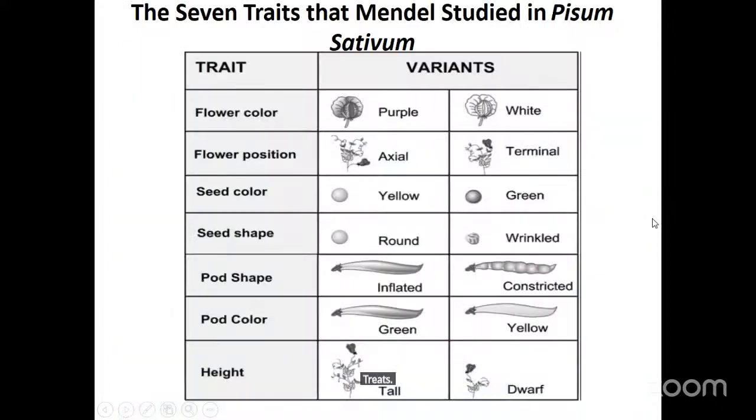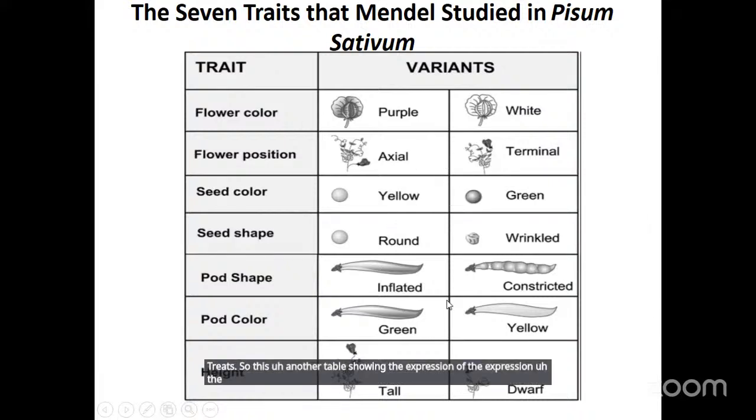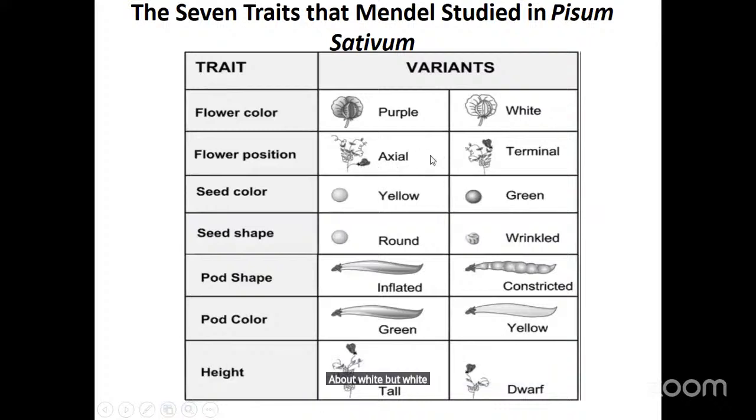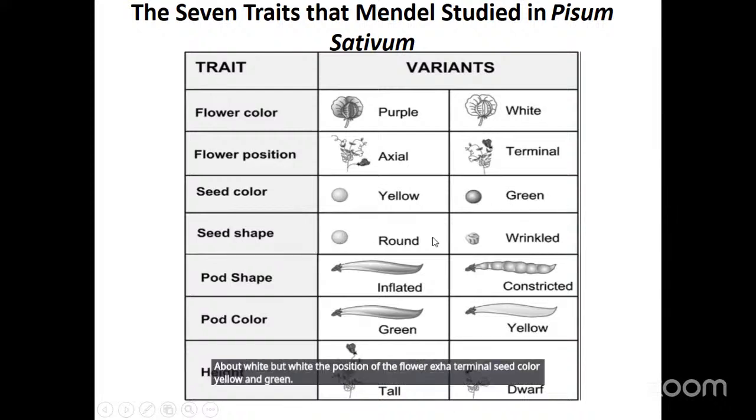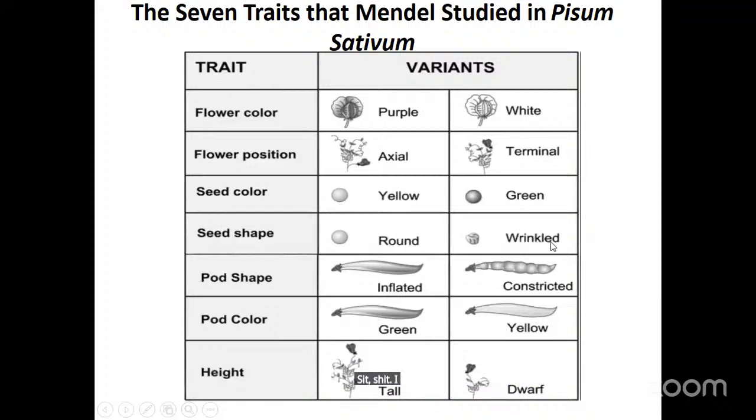So this is another table showing the expression of the characters. We may not be able to appreciate the purple color because this is not a colored slide, but white. Then the position of the flower, axial, terminal, seed color, yellow and green, seed shape, round and wrinkled.